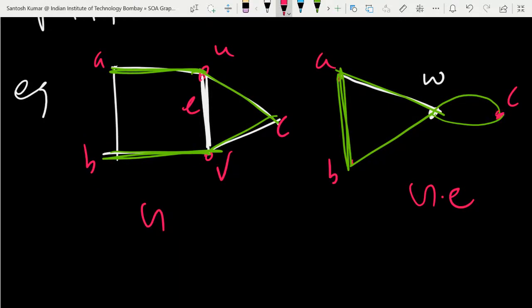In proper counting, whether there is one edge, two edges, or three edges between two vertices does not affect the counting. So we just consider a single edge between two vertices and ignore the others.